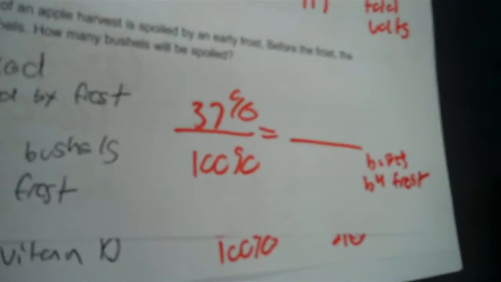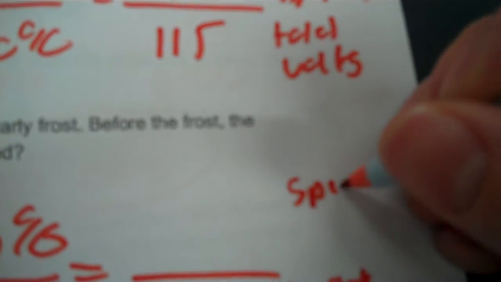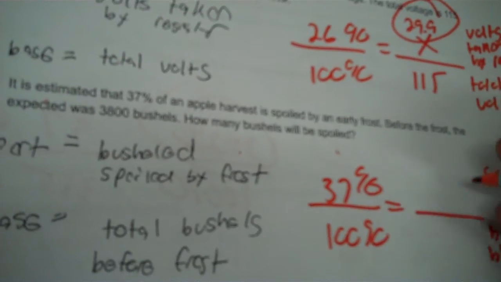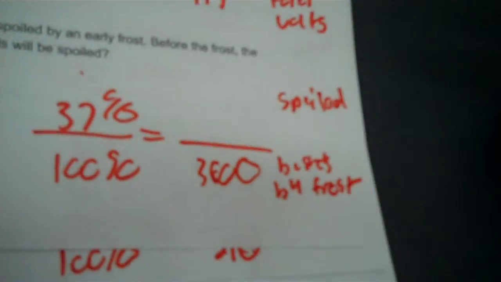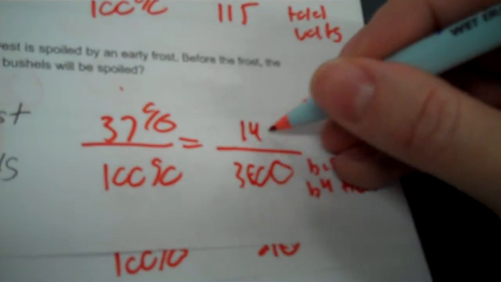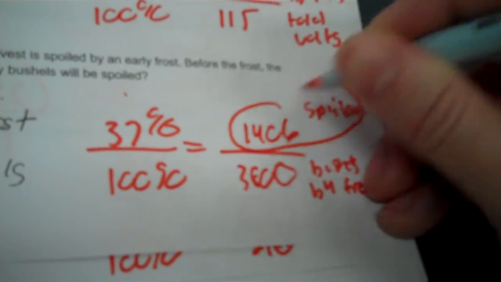And then the part up top is spoiled by the frost. We're trying to figure out how many were spoiled, so we got to know the bushels total, which is 3,800. Cross multiply and divide, you get 1,406 were spoiled.